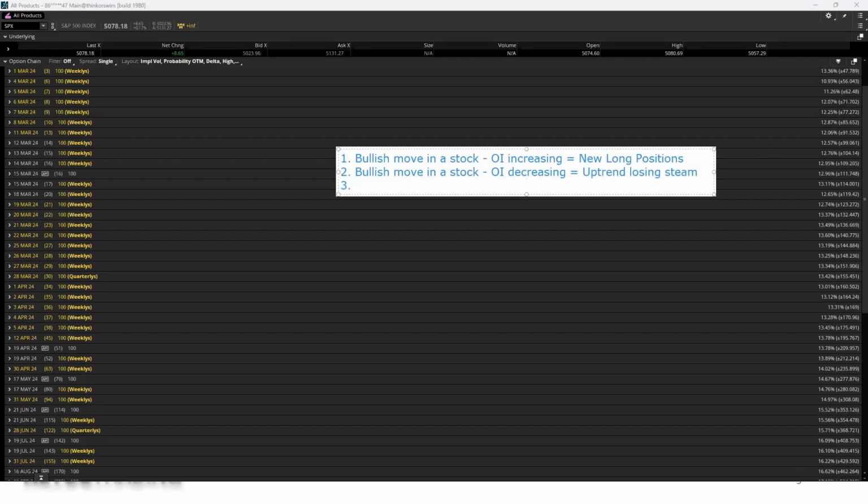Now let's say there's a bearish move in a stock. Okay. And open interest is increasing on the put side. All right, so the stock's going down, open interest is going up on the put side of the options chain. What does that mean? That would be bearish.